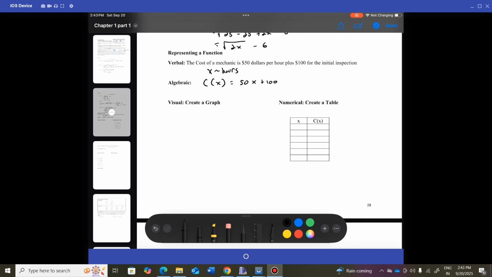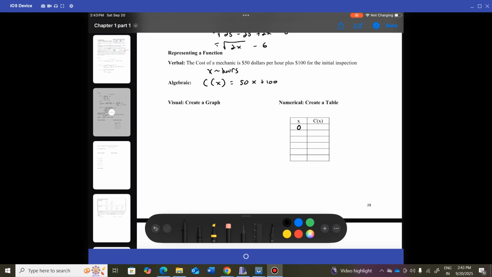Now, sometimes how you make a table depends on the physical situation. Sometimes it depends on what the graph looks like, and you want to make sure you get certain features. For this, we have a certain situation where negative values do not matter, but 0 does. Now, you want to know, what's the cost initially if you just come in and they don't do any work, but they look over the car real quick.